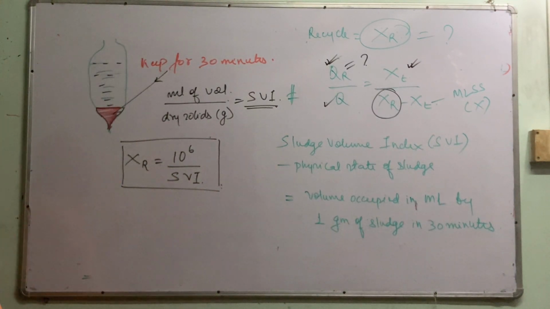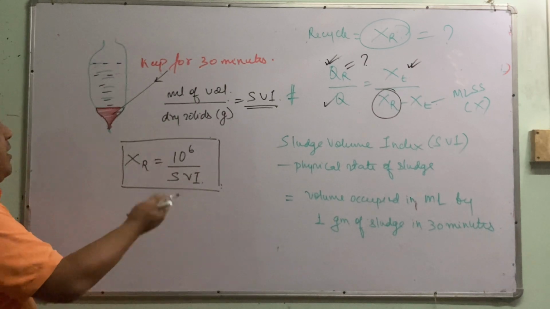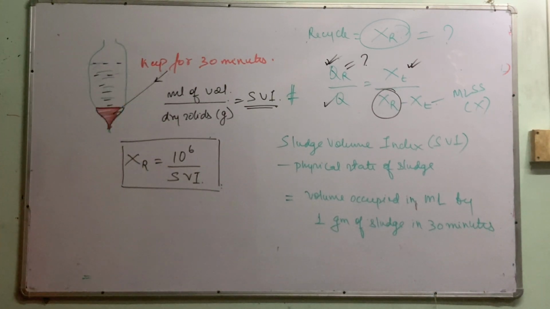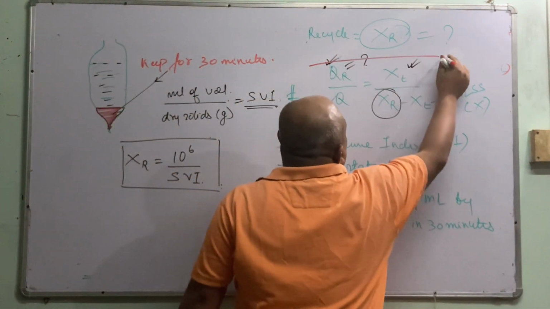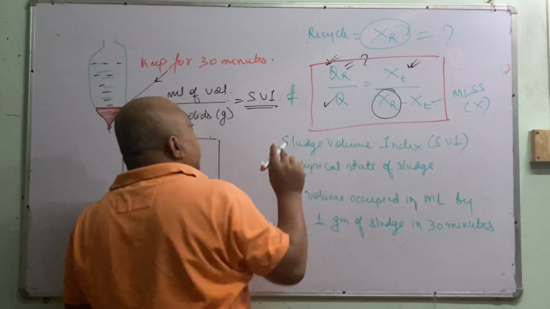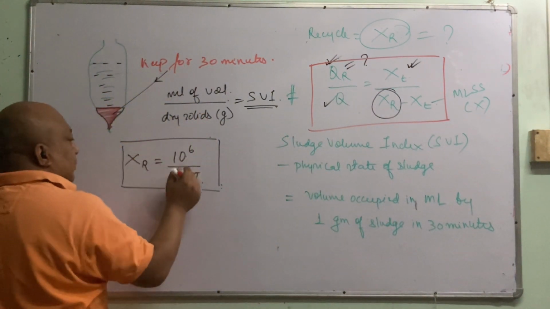So you have to concentrate the sludge until you get a value of 10 to the power 6 by SVI. And what is SVI? You have done the experiment. Am I correct? So remember, this is a design parameter for the recycling. Next is, what is XR? XR is 10 to the power 6 by SVI.